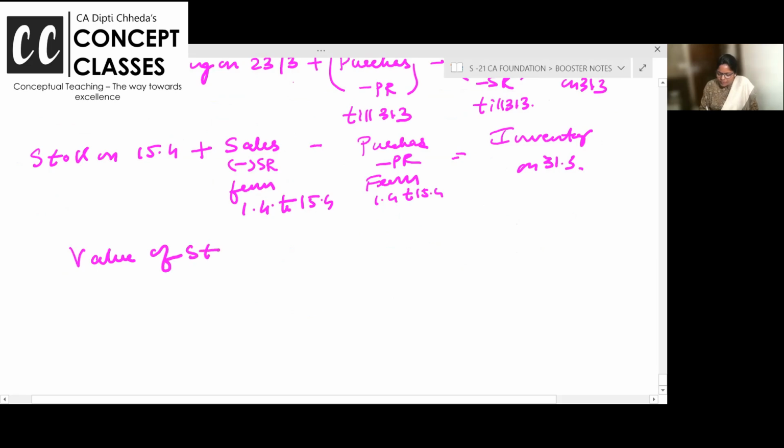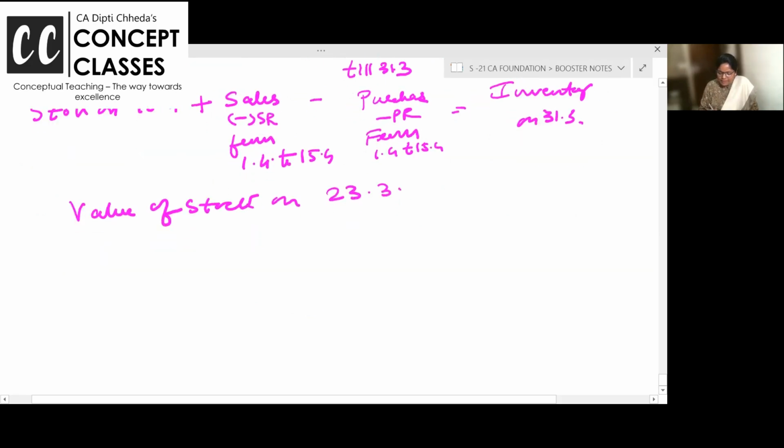Value of stock on 23rd March. Just take one example. Add back goods sold on consignment. Goods sold नहीं, goods sent on consignment, unsold.